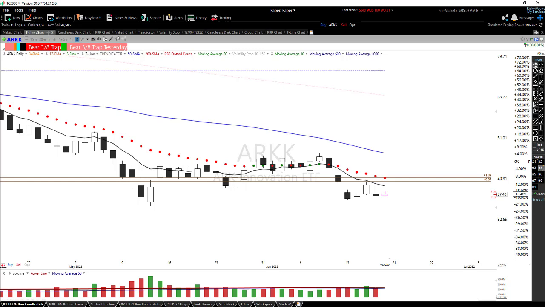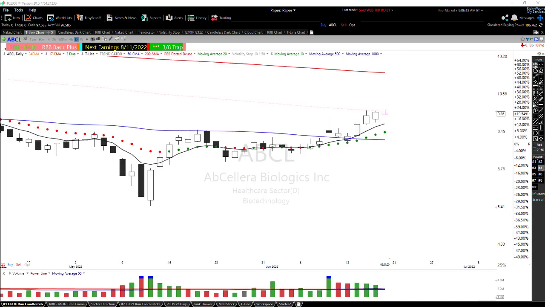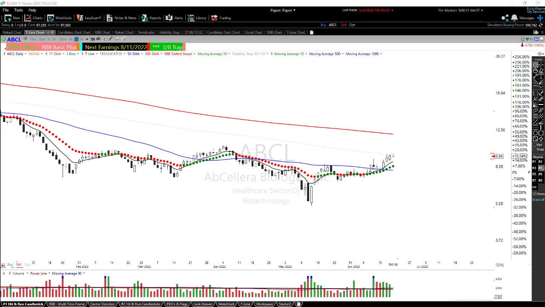Okay, with that said, let's not leave out some long trades. Let's look at them. So let me see, I've got a couple. Where are they here? Hey, this ABCL, this is a rounded bottom breakout, and I don't know if we'll do it today.